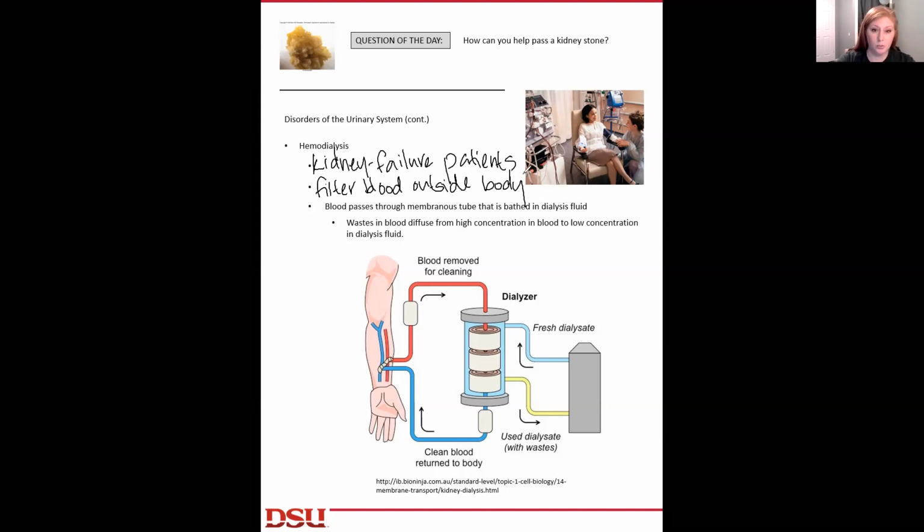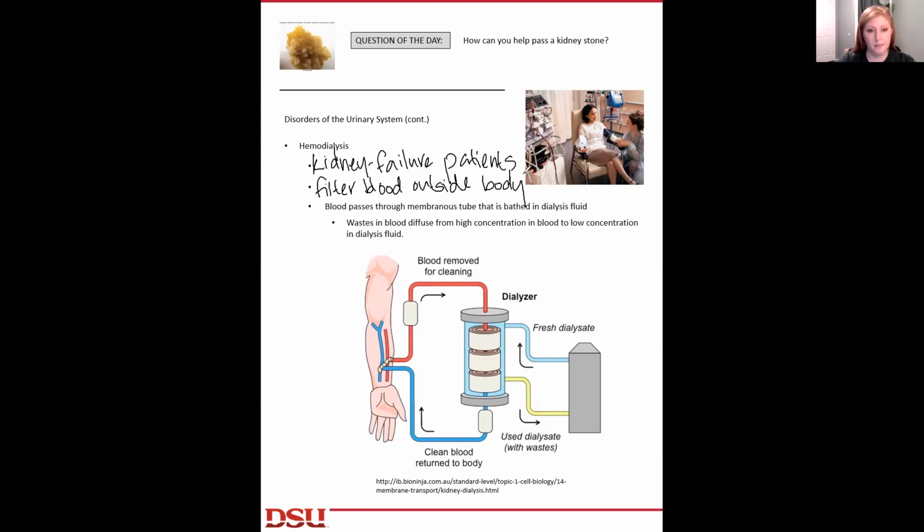But let's say that a patient runs on dialysis 3 times a week. Your blood is being pulled out of your body, filtered, and then put back in 3 times a week, rather than just having your blood consistently pass through your kidneys for the same process, okay? So it can lead to fatigue and headaches and just generally feeling like crap and some other things.